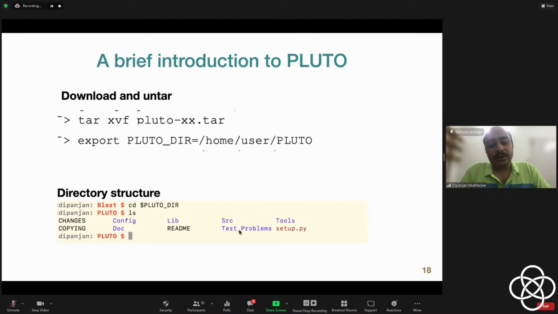So if you're a new user and you're really keen on understanding or running things on your own to get hands-on experience, you should download Pluto and go to this directory of test problems and pick up any of the standard test problems and run them.